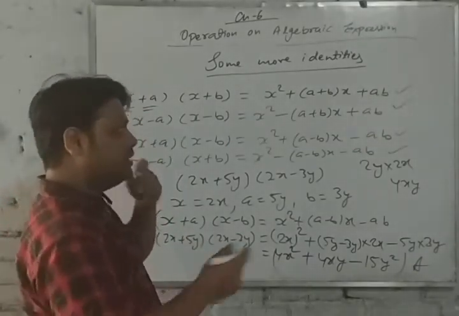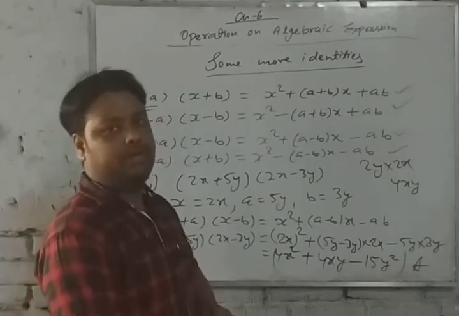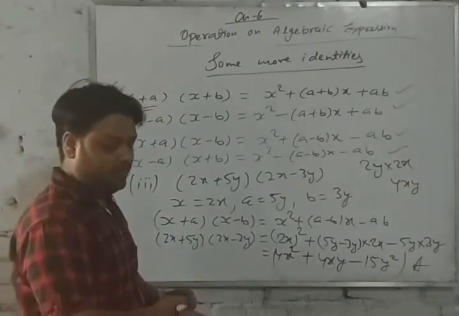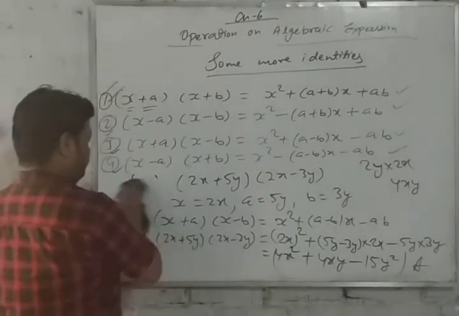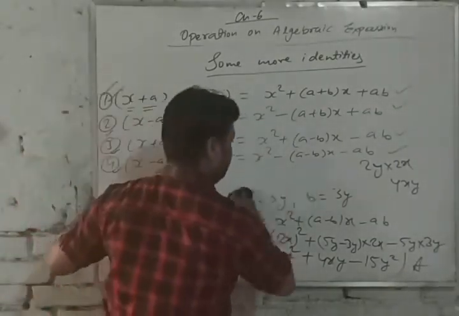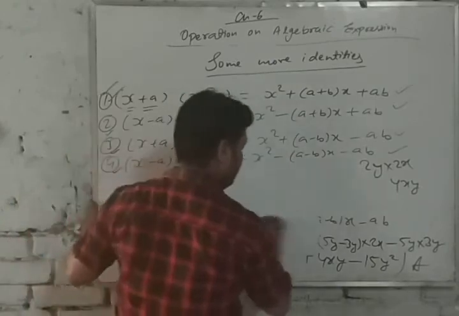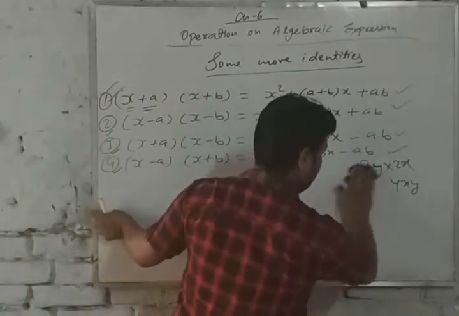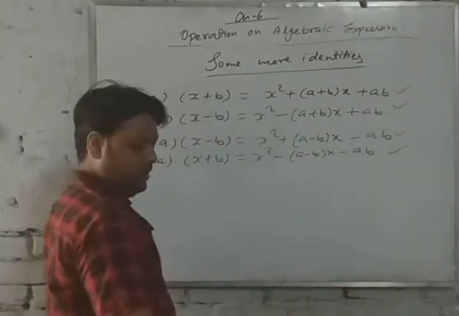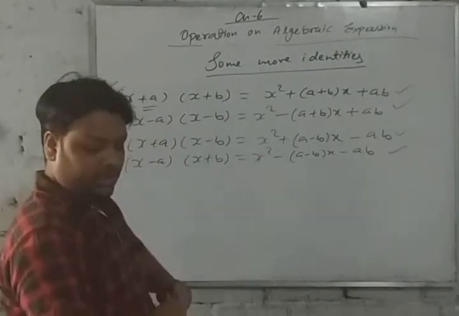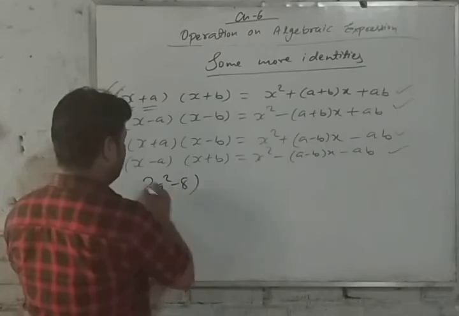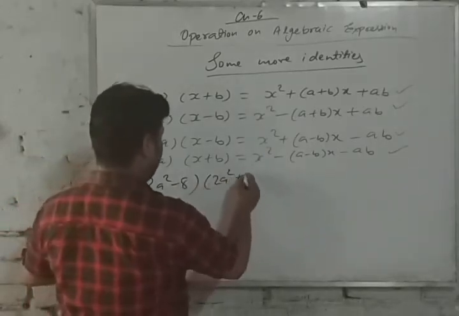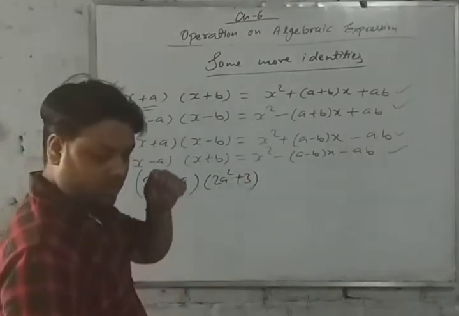Okay, now let's solve one more question based on the last identity. Now, the question is 2a square minus 8 and 2a square plus 3. Okay.